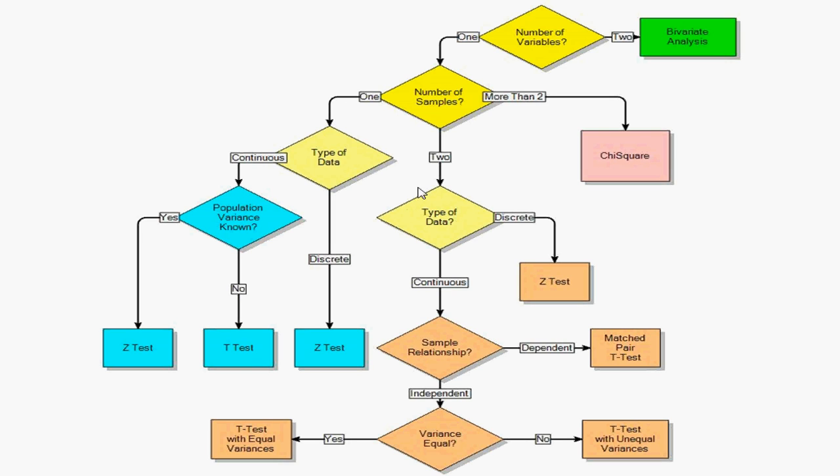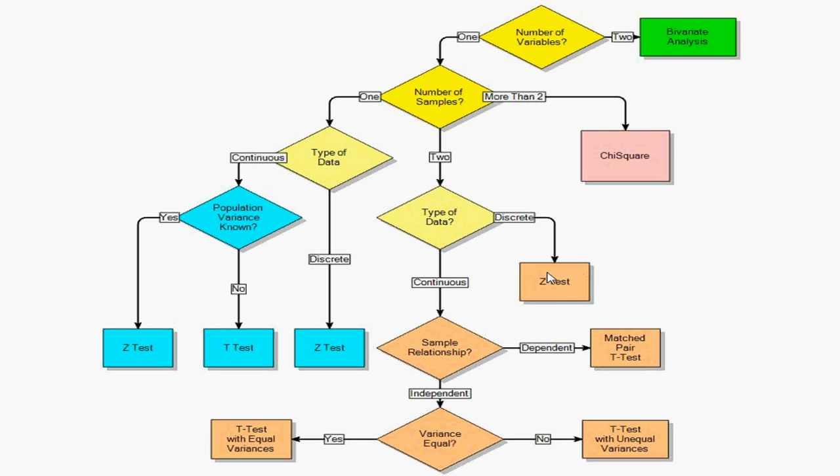Now, what happens when we have more than one sample? Okay, let's take the situation where we have 2 samples. What type of data? If it's discrete data, then we'll be running a z-test, and this would be like the proportion or the percentage of people who are in favor of something versus a percentage of people who are not.